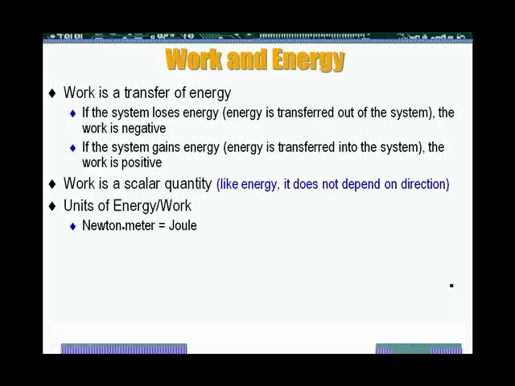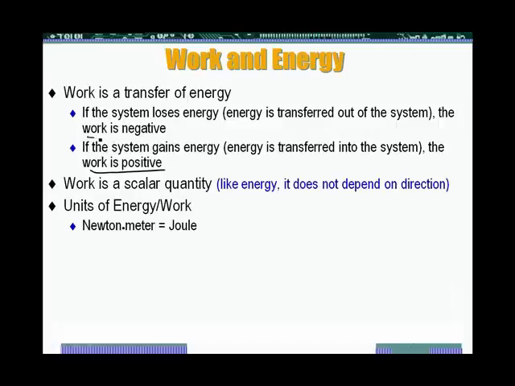As mentioned in the previous recording, work is the act of transfer of energy. If the system loses energy, then work is going to be negative. If we add energy to the system, then work is going to be positive.